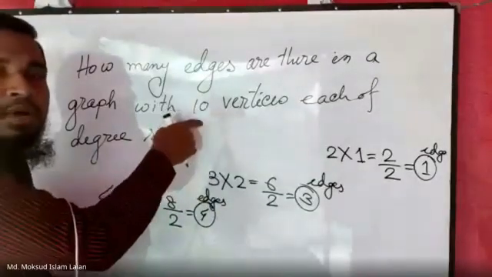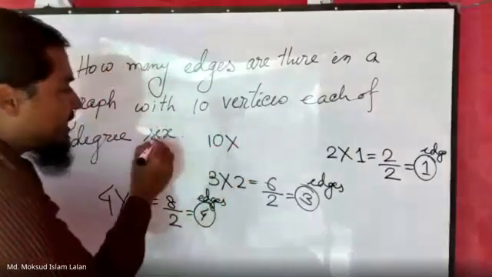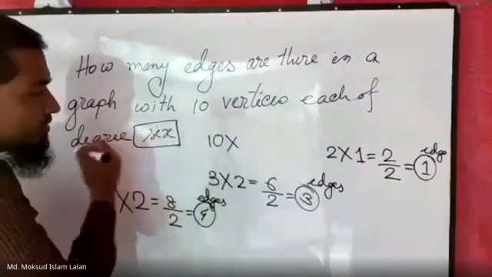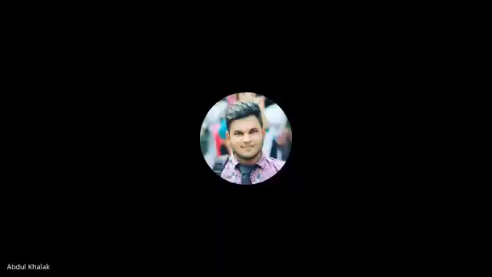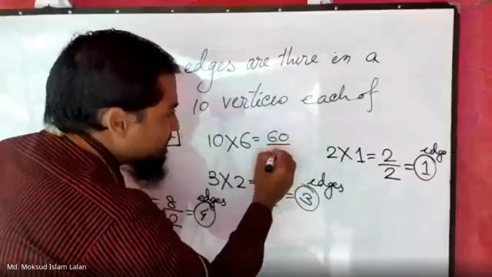So there are 10 vertex. Each vertex degree is what? 6. So what is the result? 60. So what will be the formula? Divided by 2.